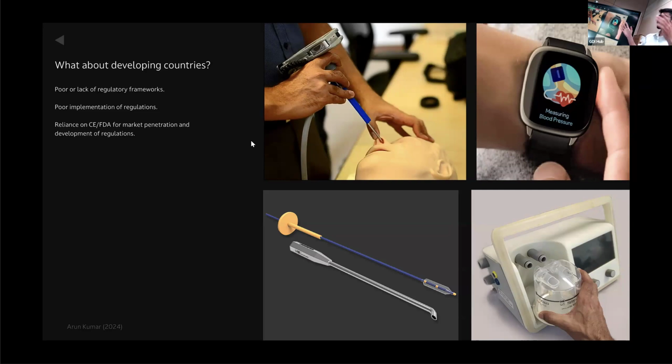Most countries outside of the US, Europe, and Australia don't have regulations. And if they have regulations, they're being built on the backbone of existing frameworks from the FDA and European Union, which means if the European system or the US system is not promoting better use of resources, more efficiency, and reducing carbon emissions, it's just going to follow through with all of the Southeast Asian countries.